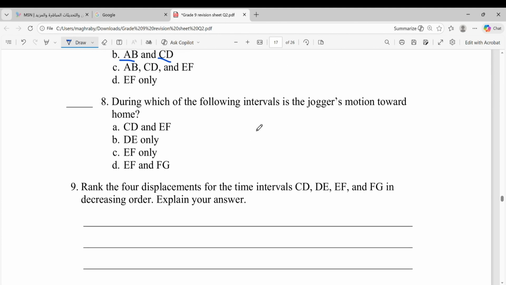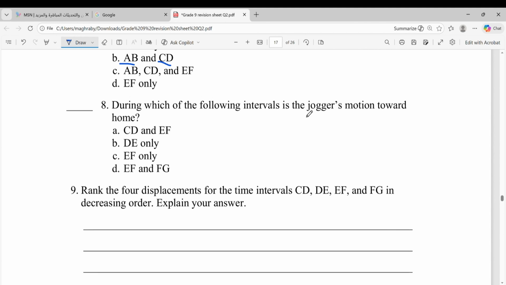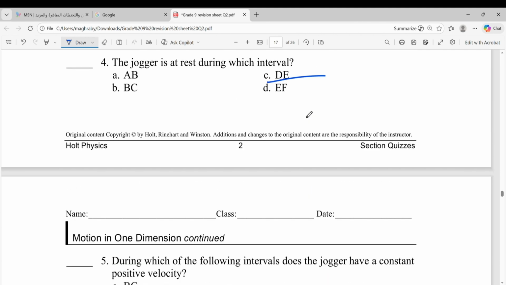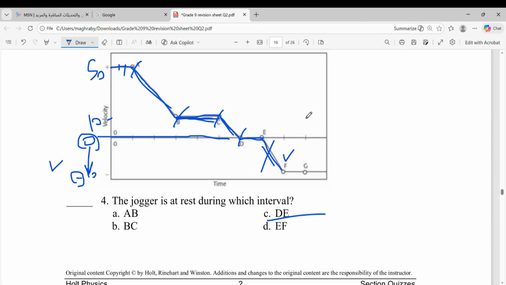During which interval does the jogger move towards the home, returning back towards the home? Okay, the home was where?